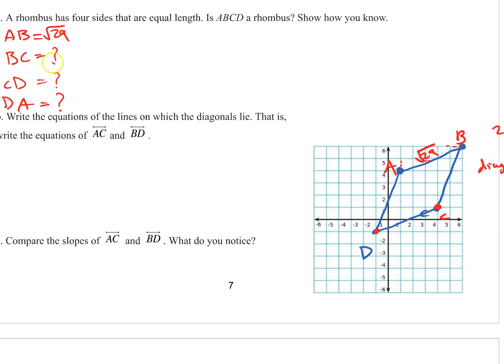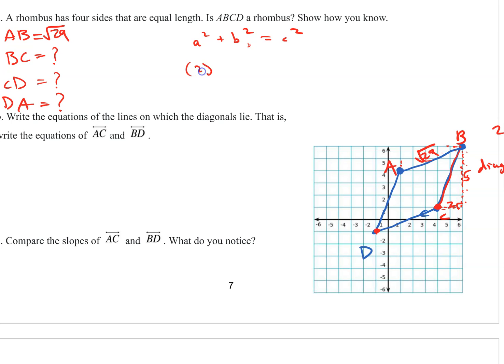Alright, BC. I can't count how long it is, but I can draw a little triangle and use the Pythagorean theorem, a squared plus b squared equals c squared. This side along the bottom has length 2. This is a 90-degree angle, which allows us to use this theorem. And this side has length 5.